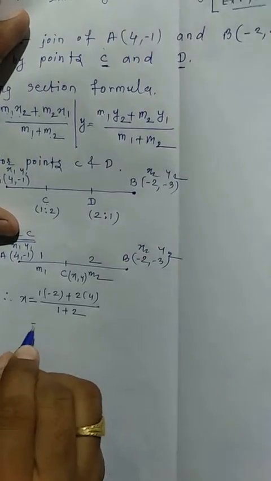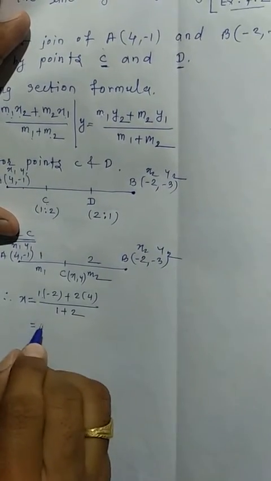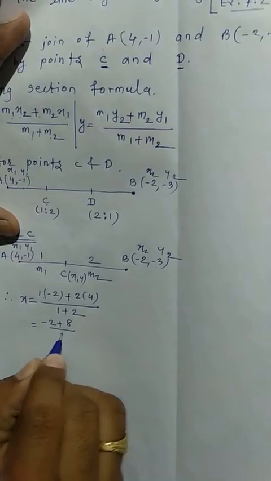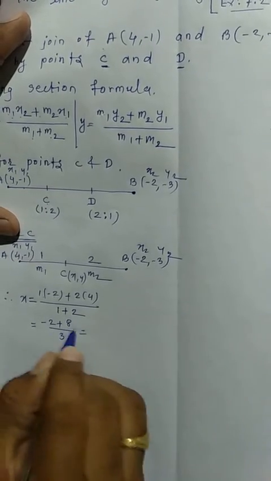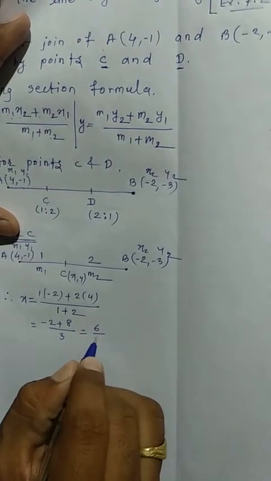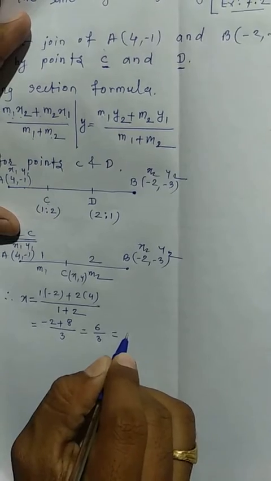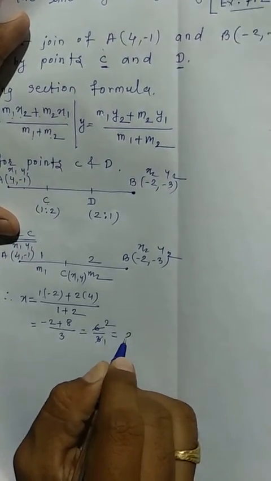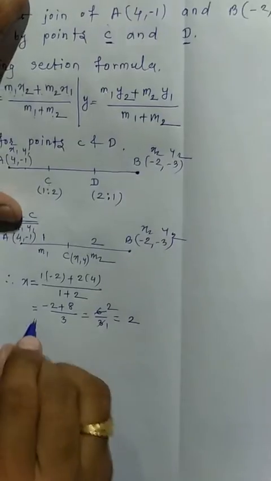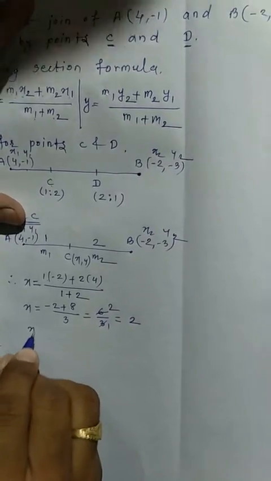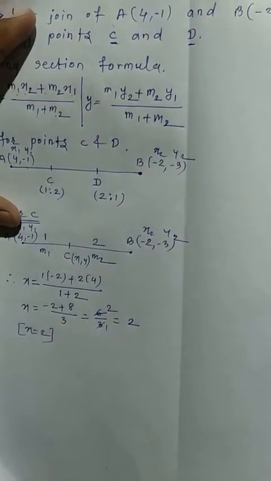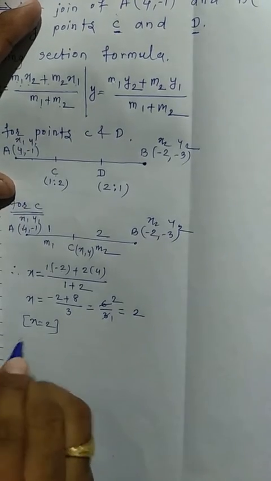That gives -2 plus 8, that is 6 upon 3, which is 2. What did we get? The value of x equal to 2. We are discussing this for point C only.